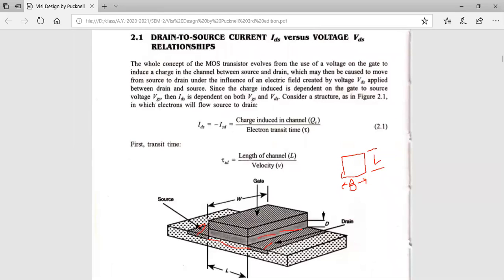Here in this concept of MOS transistor, we call the distance between the source and the drain the length, and the width is how much length it is under the gate. That is called W.